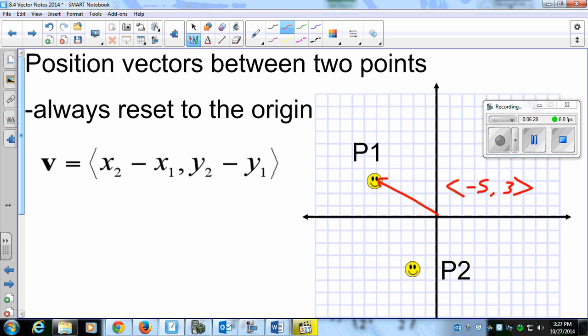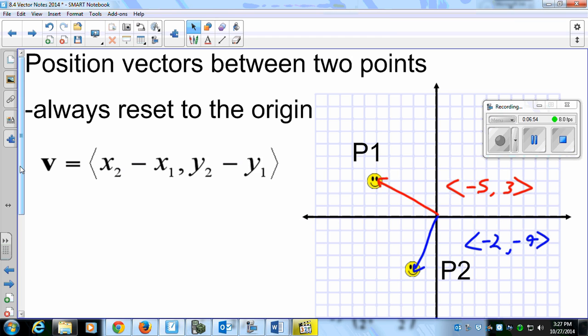Okay, so P2 is being represented by that point there, and that vector can be written as -2 and -4.